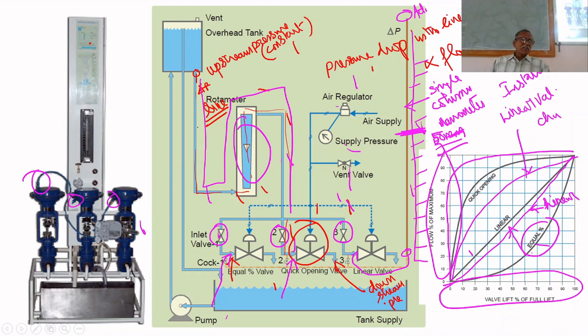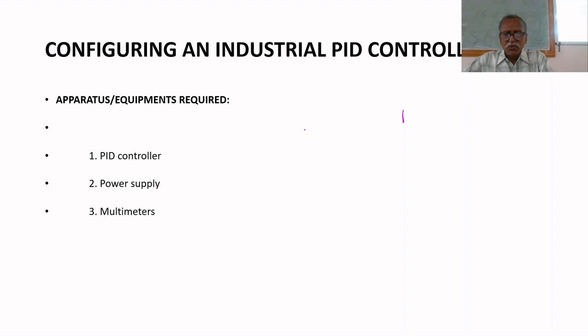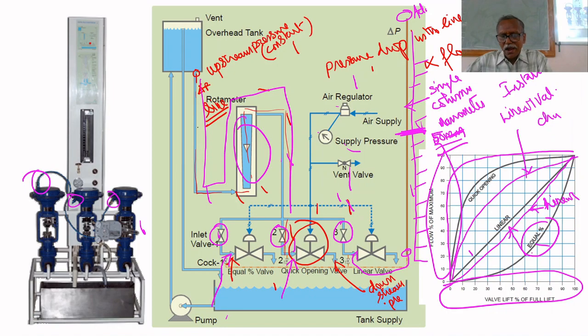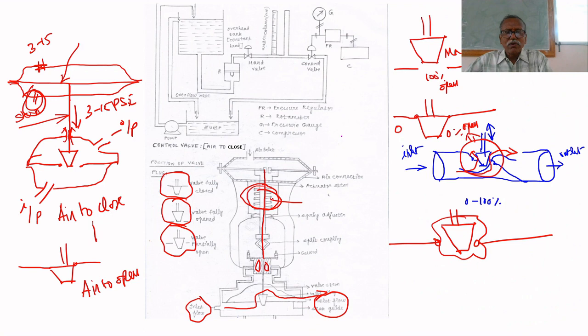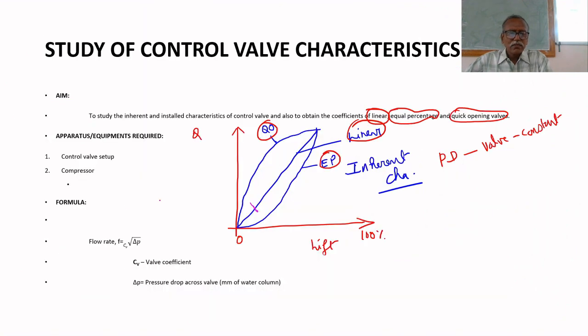Before doing this experiment, you have to find the control valve characteristics. Already I told you that the flow rate F is proportional to the pressure drop across the valve, that is, proportional to delta P across the valve.